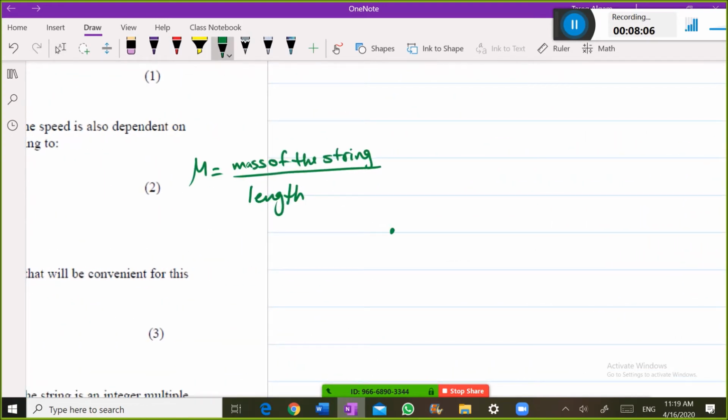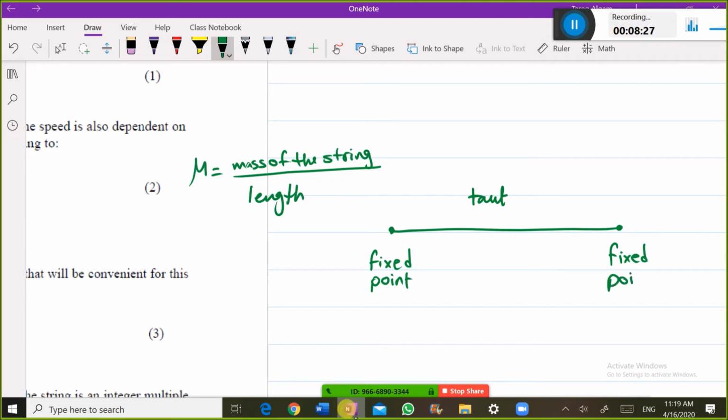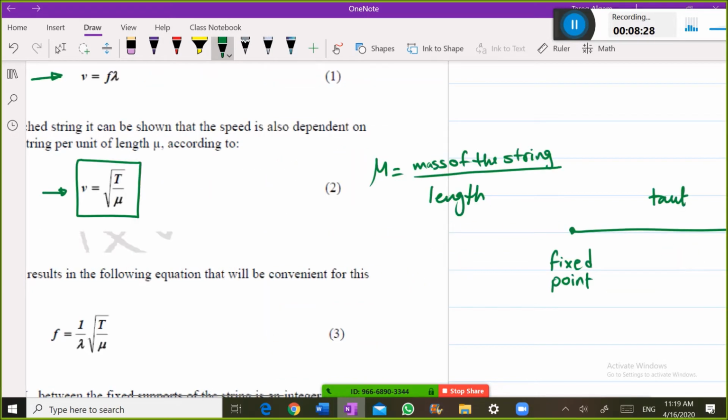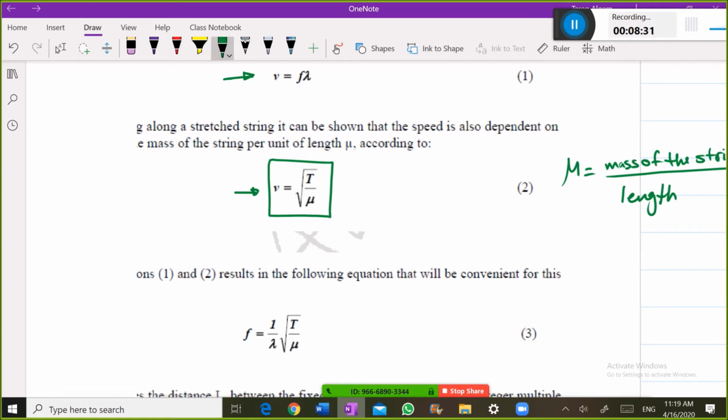Why? Because as long as the string is taut between two fixed points, this string accepts standing waves. Otherwise, I will not observe any standing wave pattern.